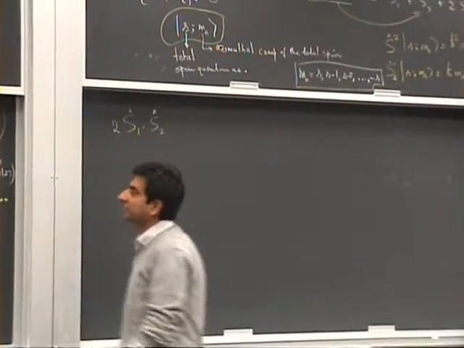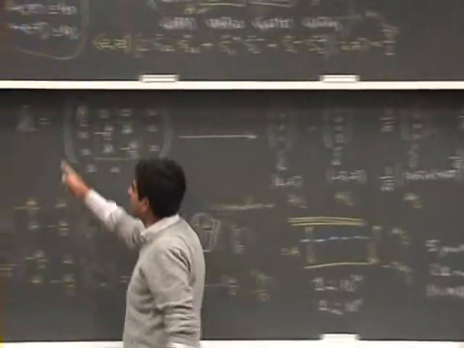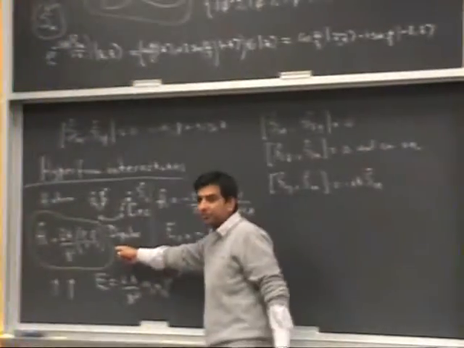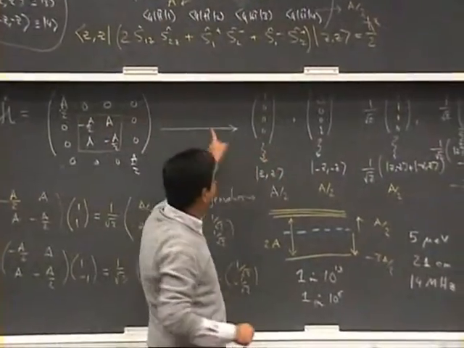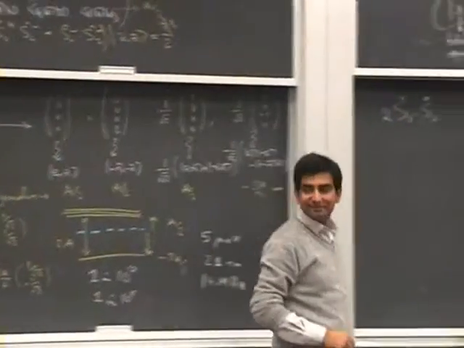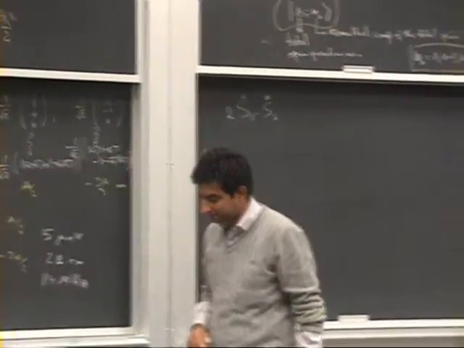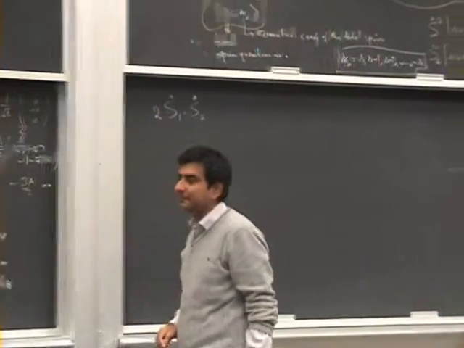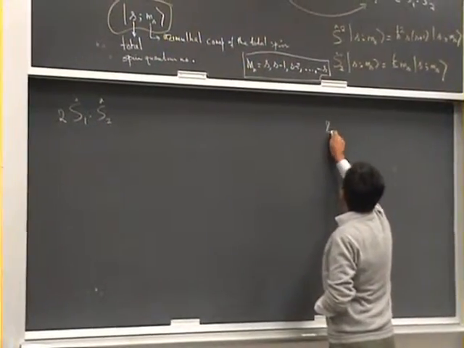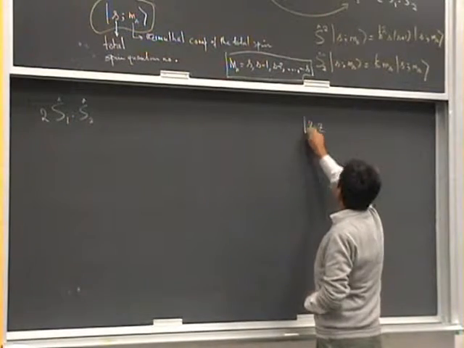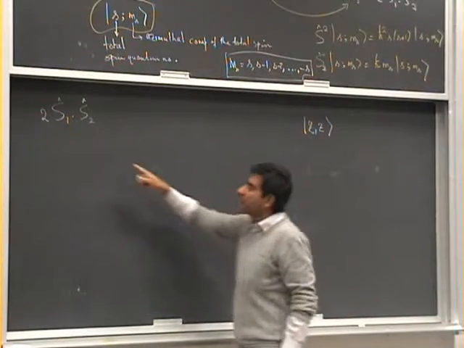Because the Hamiltonian is proportional to S1 dotted with S2, the eigenstates of this Hamiltonian are simply these states. So ket plus z plus z is one eigenstate of 2 times S1 dot S2.